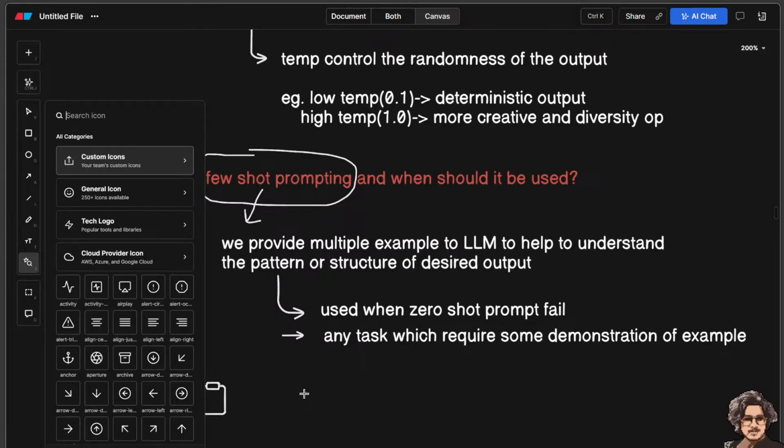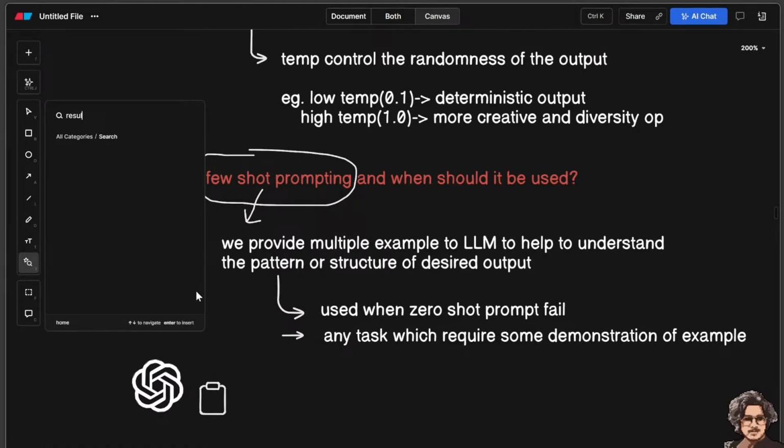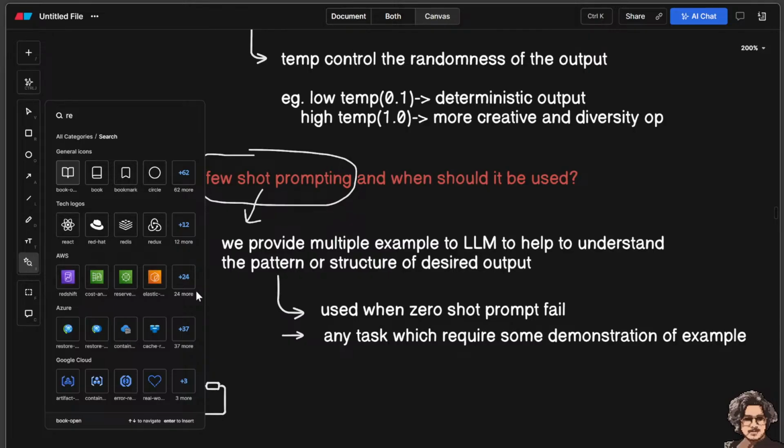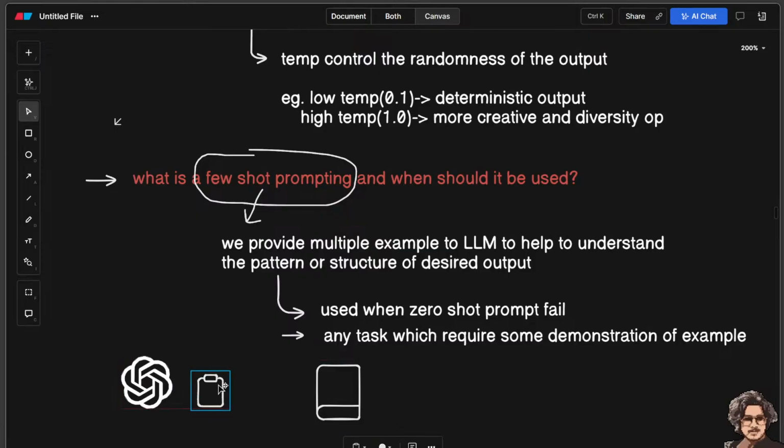When we want some specific result, we provide multiple examples to our LLM, which gives the desired result.